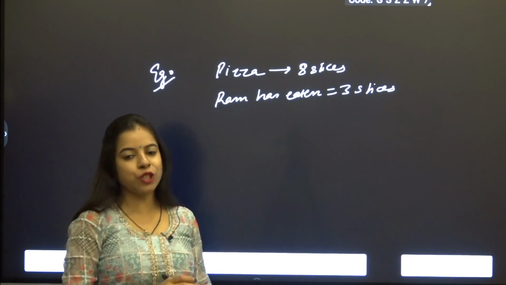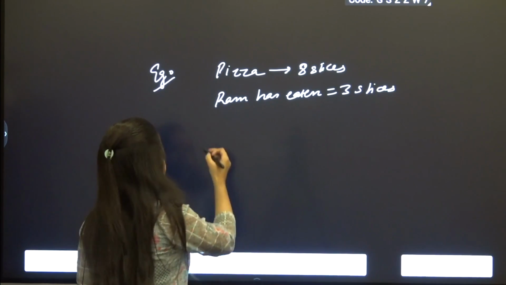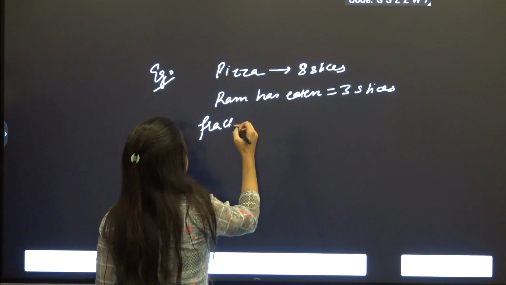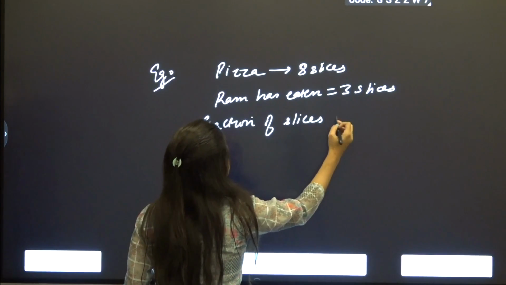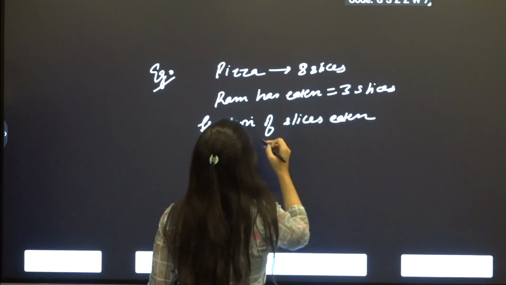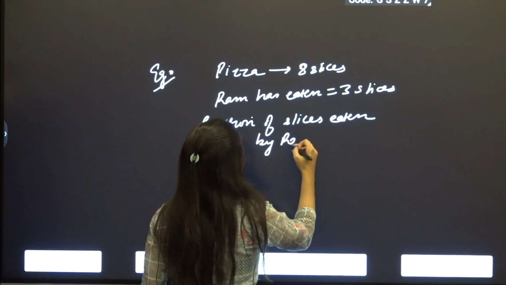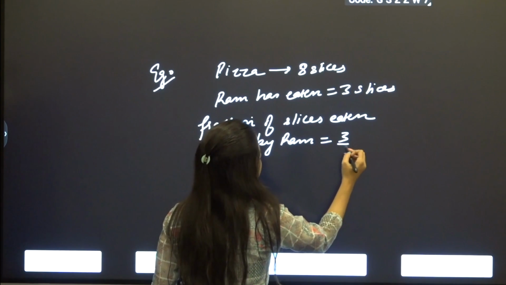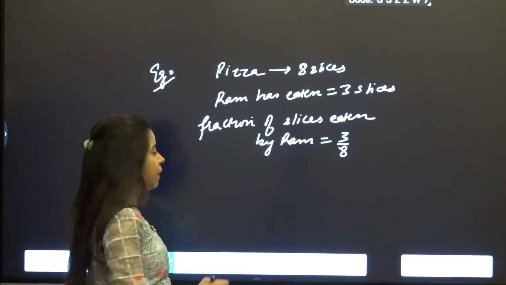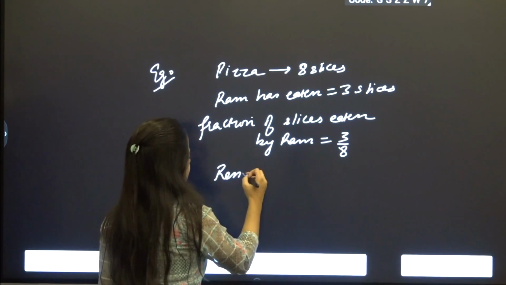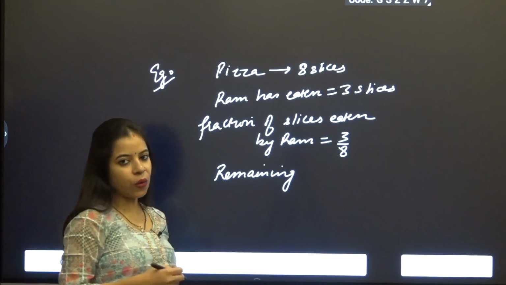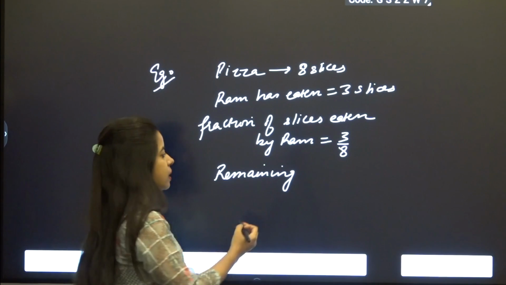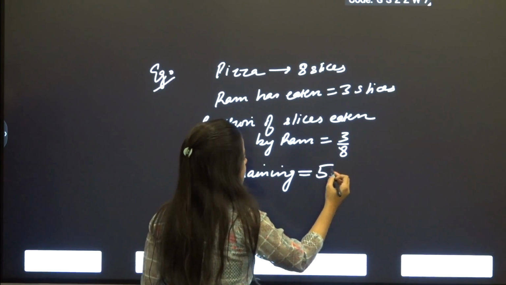So, the fraction of slices eaten by Ram is 3 by 8 and the fraction of the remaining part is 5 by 8.